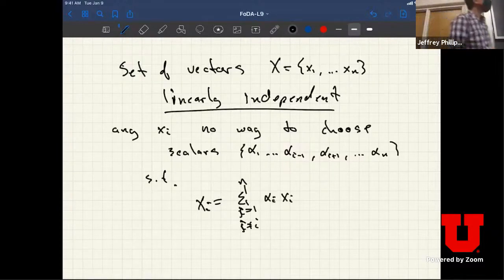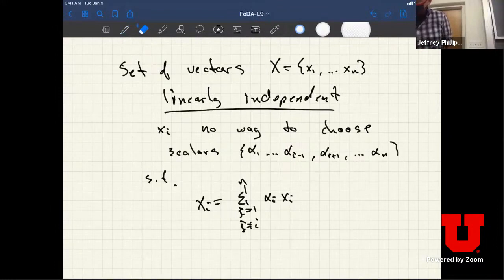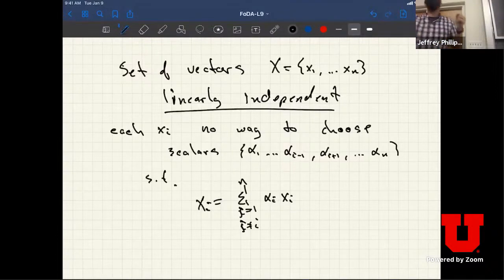So I can't take out one of the vectors and recreate it with the other ones. Actually, this is true for each of the vectors: I can't take it out and recreate it with the other ones.